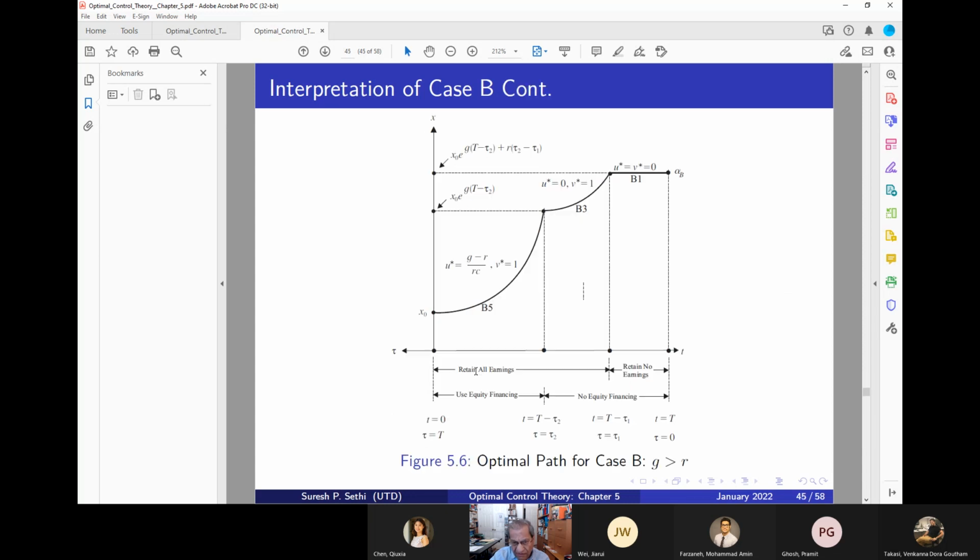If you look at this point, we need to see the following. Here, I raise some external equity. Here, I don't raise any external equity. So this point is the indifferent point between raising external equity and not raising external equity. So what I want to find out is, what if I put $1 of external equity at this point in time?